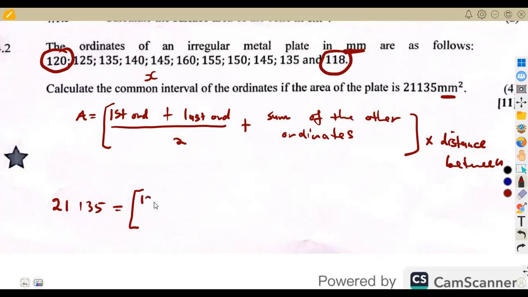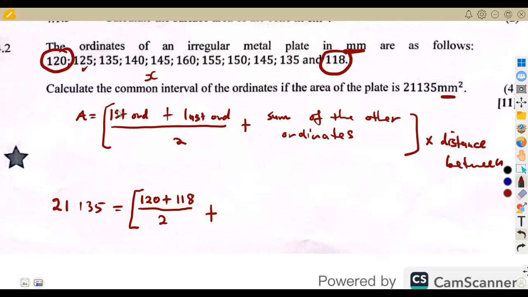So that is 120 plus 118, everything over 2 like this, plus the sum of the other ordinates, which is the remaining ordinates. We're going to add all these ordinates up to the last one.